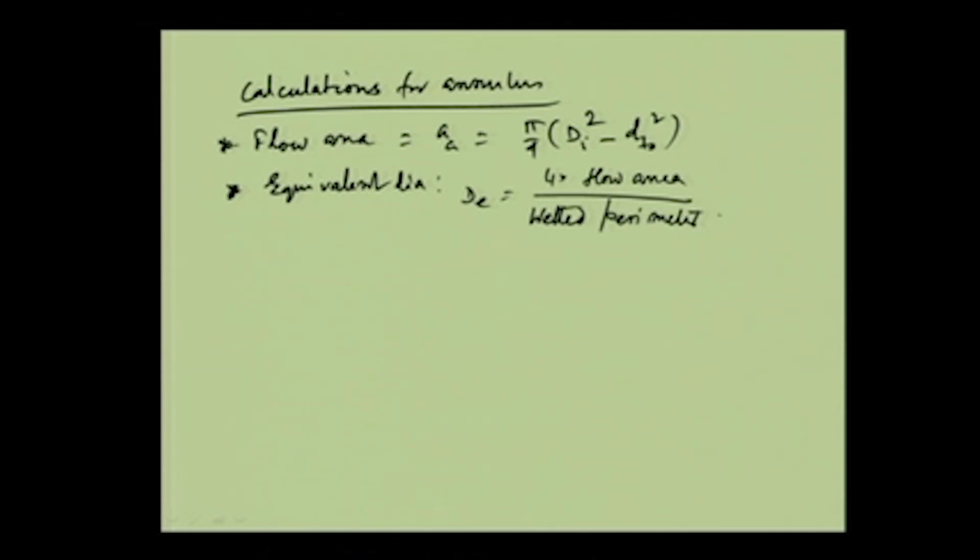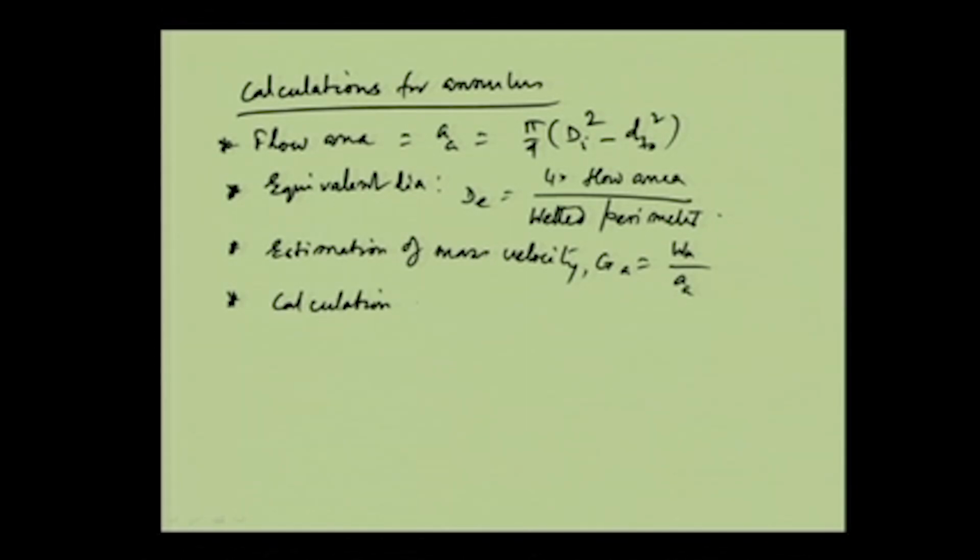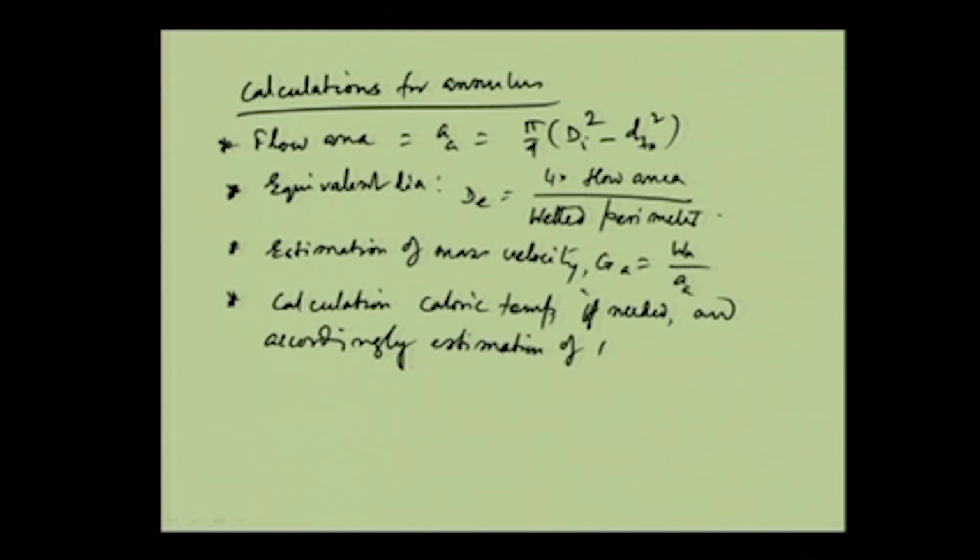And then estimation of mass velocity Ga, and that will be equal to W annulus by A annulus. Then calculation of caloric temperature if needed, and accordingly estimation of properties, thermophysical properties.